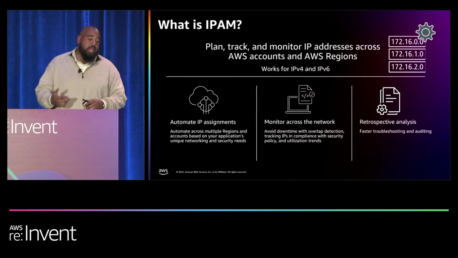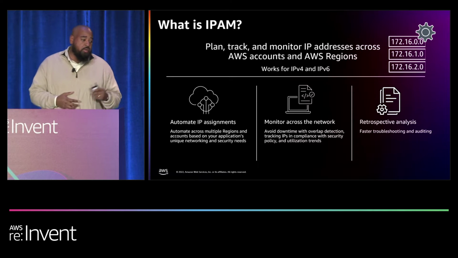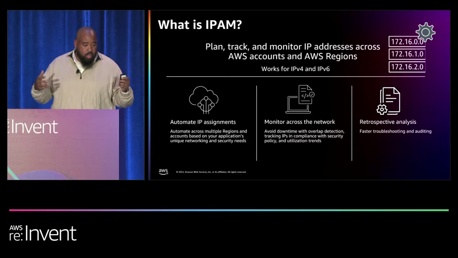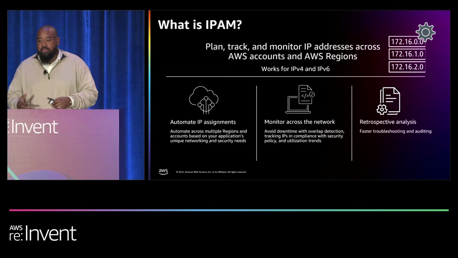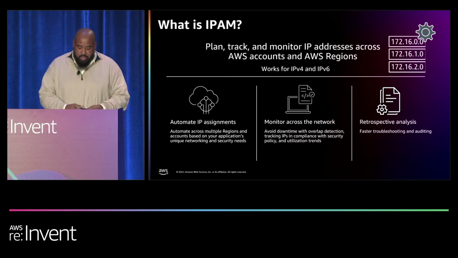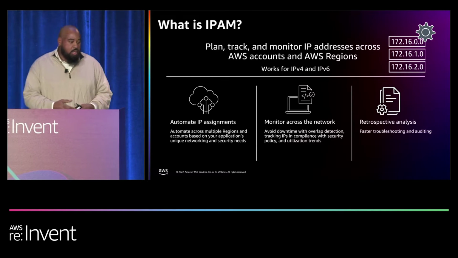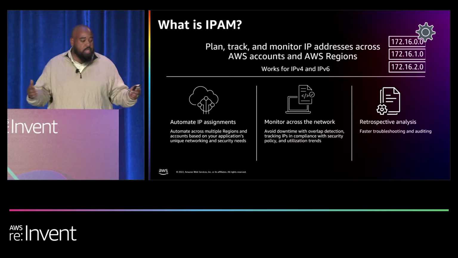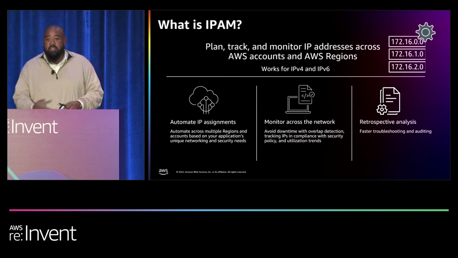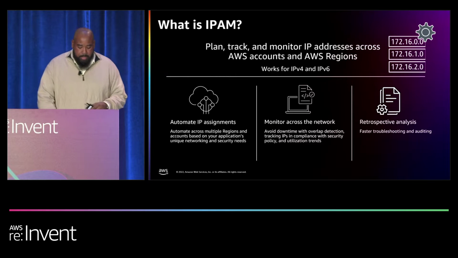IPAM gives you the ability to plan, track, and monitor your IP addresses across all of your regions and all of your accounts. It works for IPv4 and IPv6, as well as bring your own IP. It gives you the ability to automate your IP addresses, monitor your IP addresses across your network, and also provide retrospective analysis. And we'll cover some of those examples in a minute.